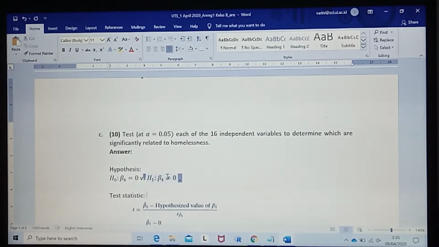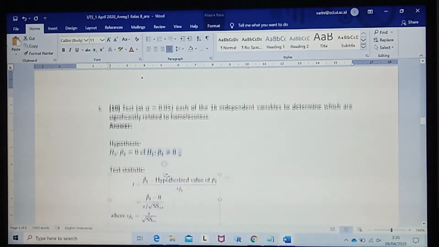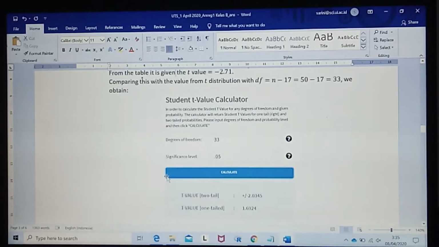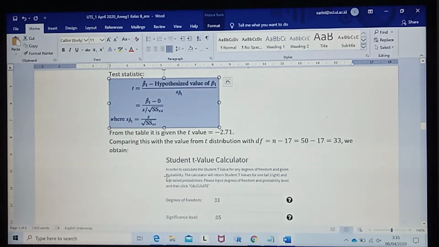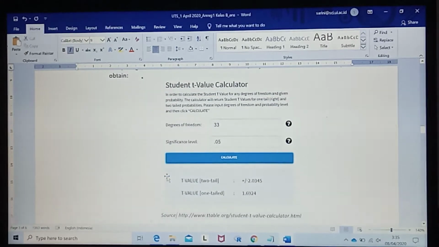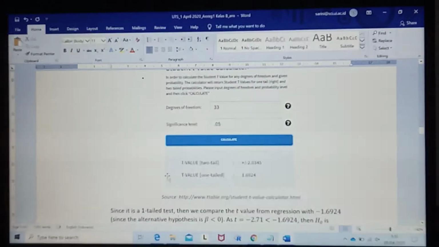Okay, so for the detailed procedure, I'll just make adjustment to the procedure that we did in part B. So the test statistic is just the same, and the t-value is also just the same, and we compare it with exactly the same.